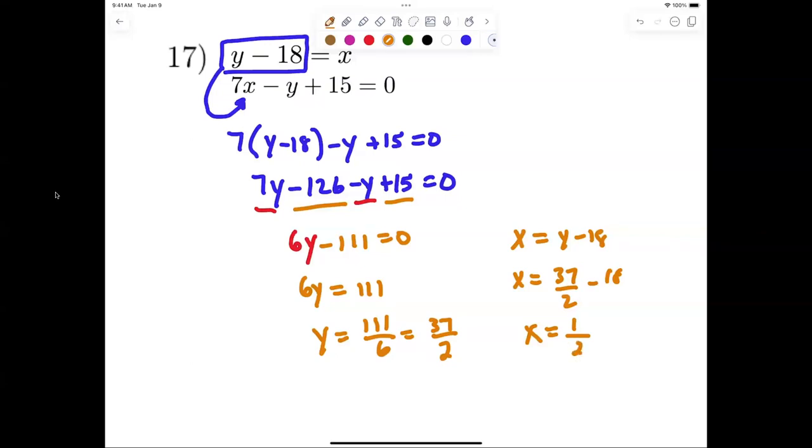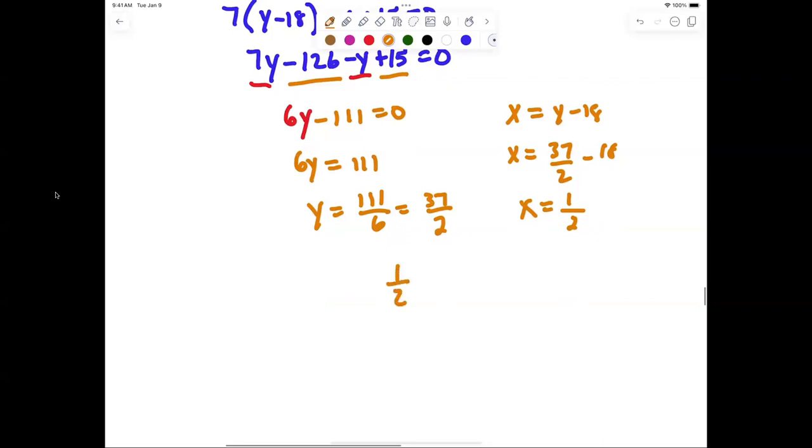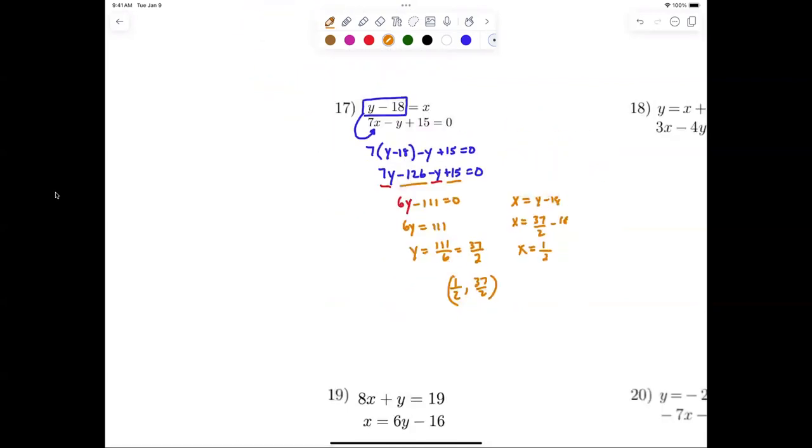So my answer would be negative 1/2, comma, 37 halves. That's it. How do you know which one goes first, for the final product? x comes before y. They're in alphabetical order.